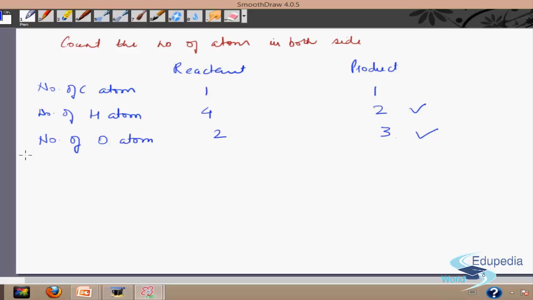So to have 4 hydrogen atoms on the right side, we multiply H2O by 2 and write 2H2O. So we have to multiply H2O by 2, right? Now this equation will be, let's write it like this.